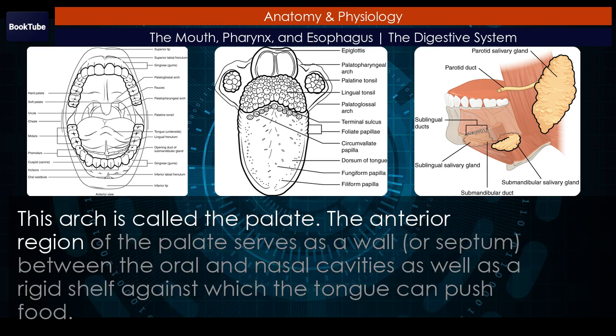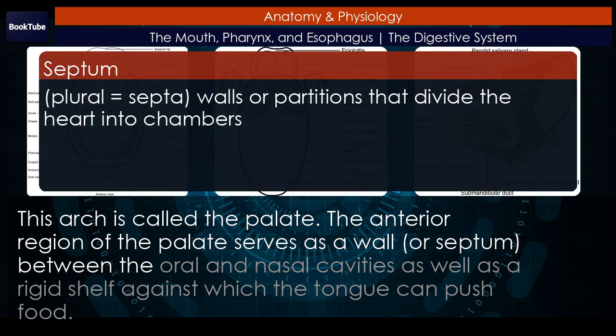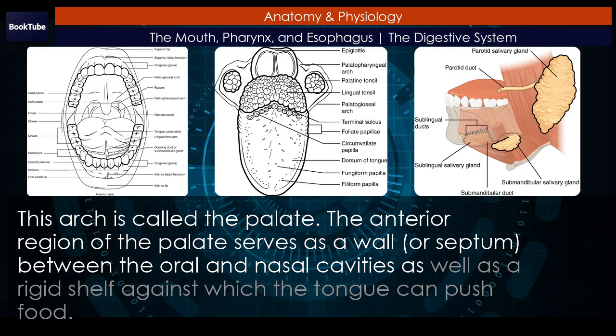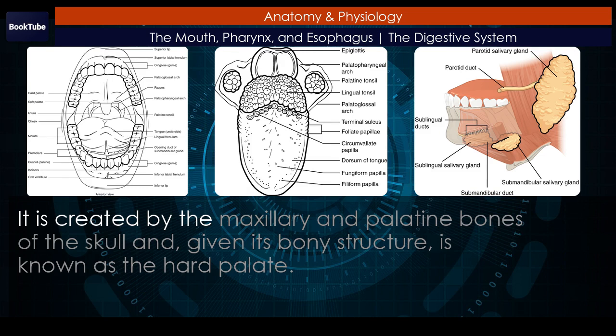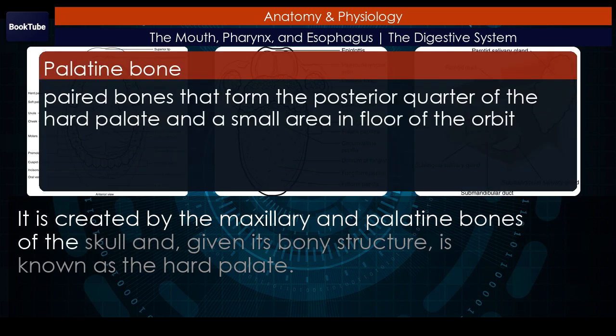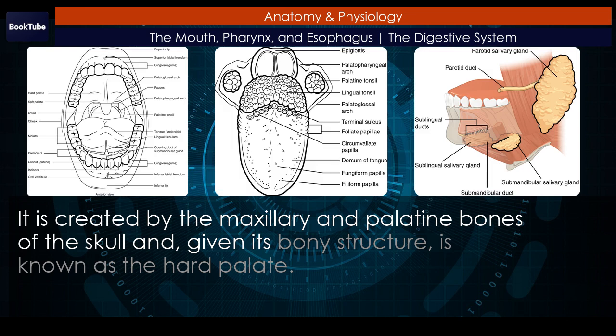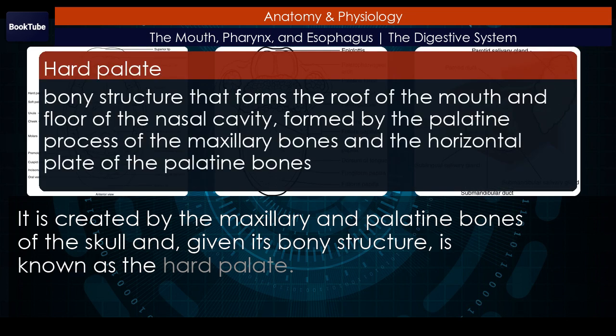The anterior region of the palate serves as a wall, or septum, between the oral and nasal cavities, as well as a rigid shelf against which the tongue can push food. It is created by the maxillary and palatine bones of the skull and, given its bony structure, is known as the hard palate.